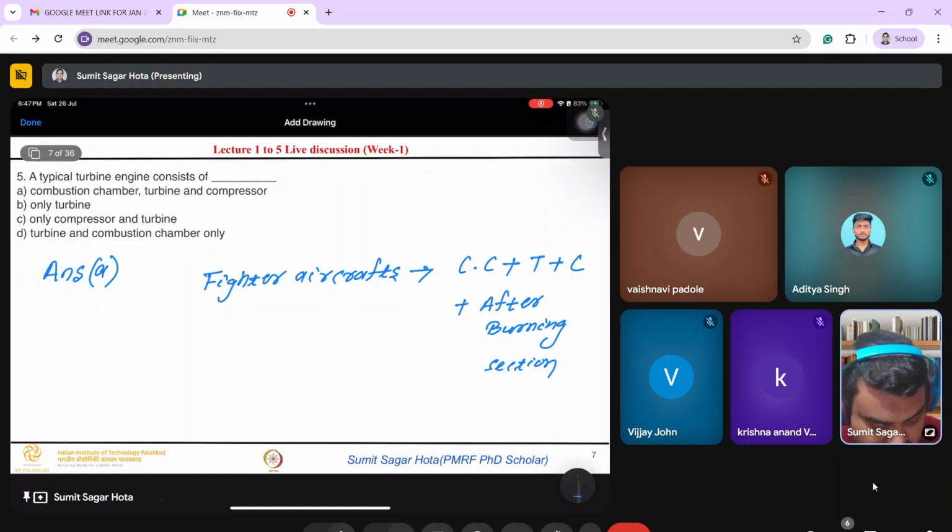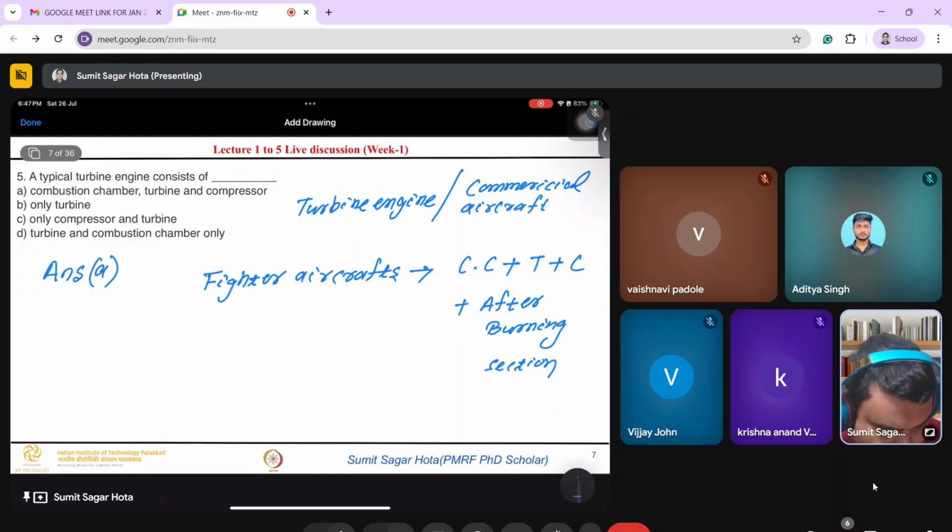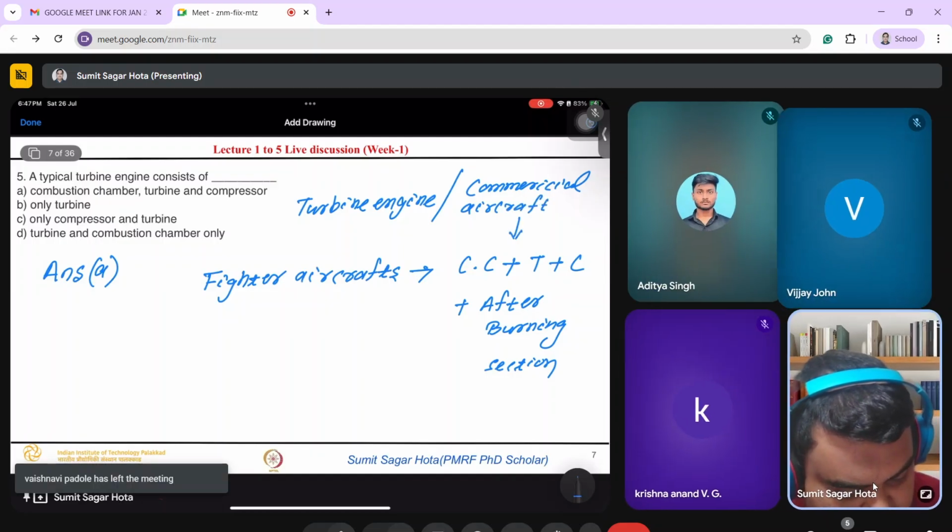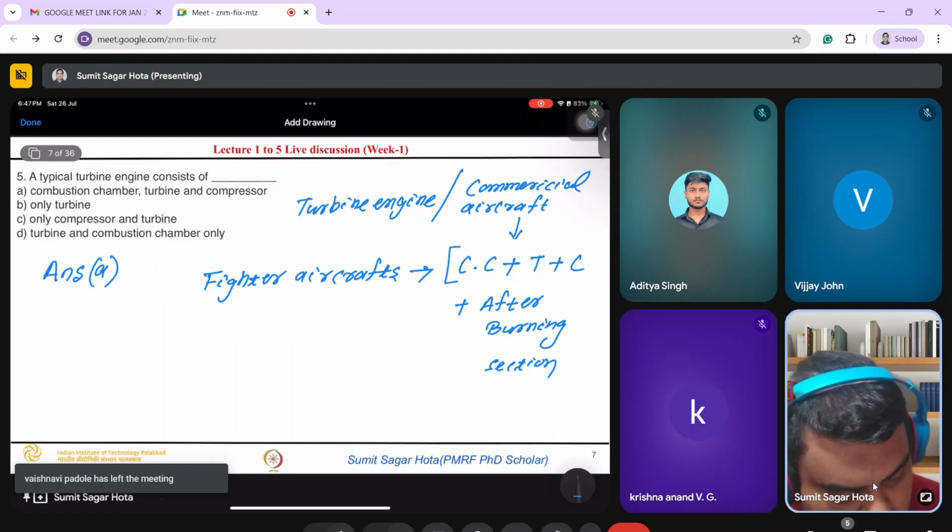And for any turbine engine, or commercial aircraft, only this much is the case.